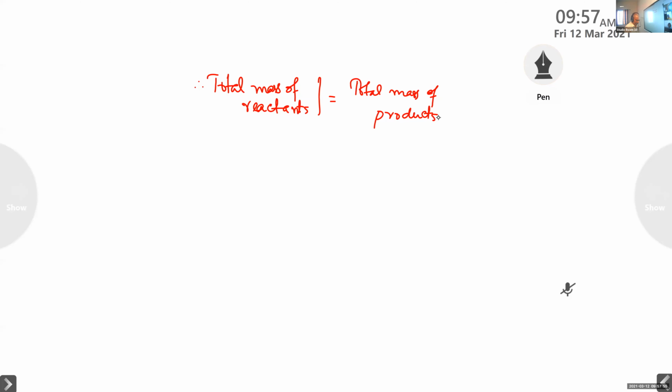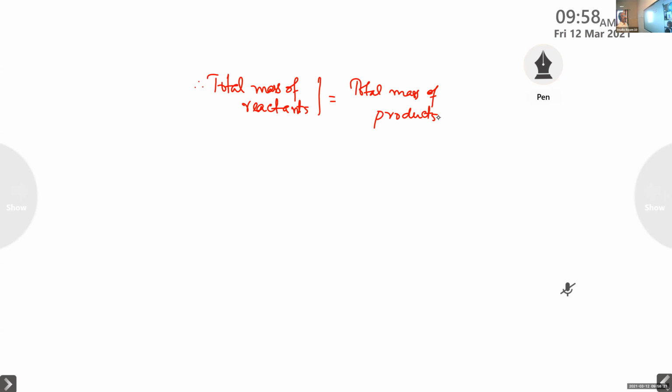We can write the word equation also. Instead of using the symbols and formulas, we can write the very names of the reactants and products. If you are writing the names of the reactants and products, then it is called the word equation.